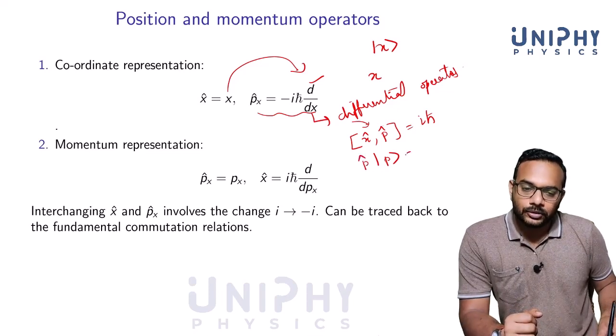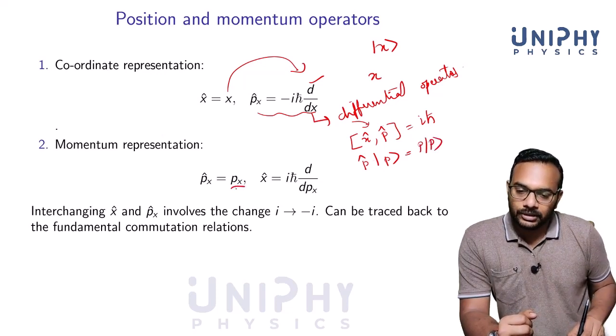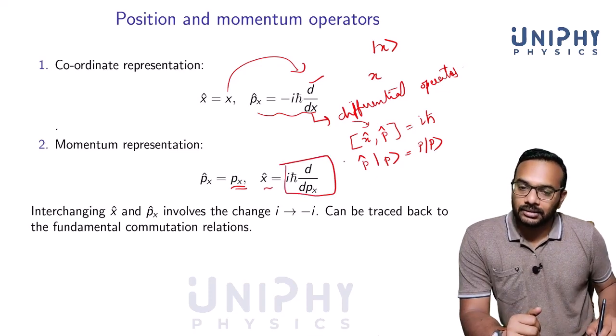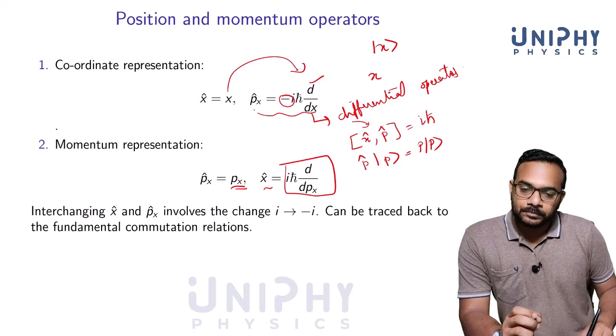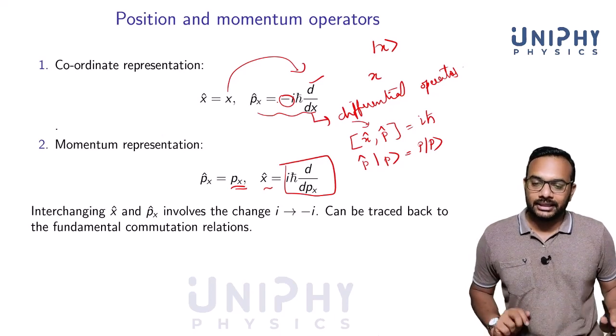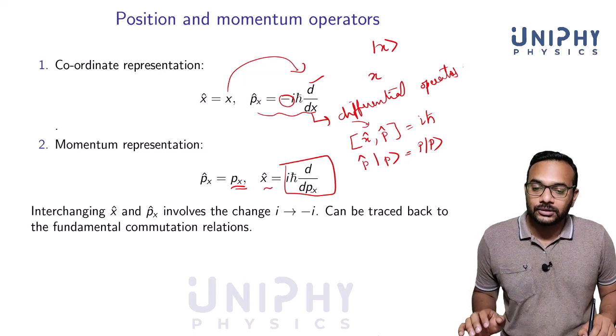So the momentum operator is just the momentum itself. So we have p_x cap equal to p_x, and x cap here is i h-cross d by dp_x. Remember that here you have a minus sign, which means that the momentum operator in the coordinate representation is minus i h-cross d by dx, whereas the position operator in the momentum representation is i h-cross d by dp_x.